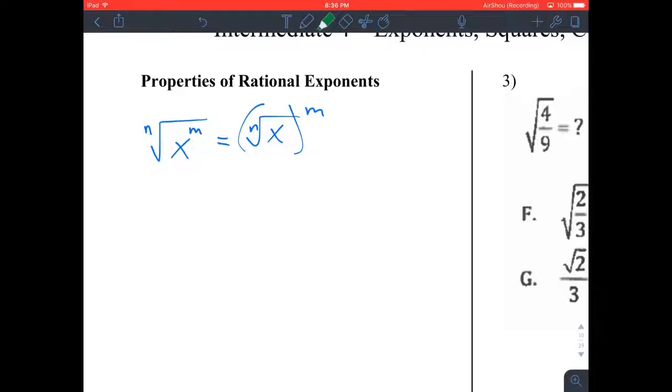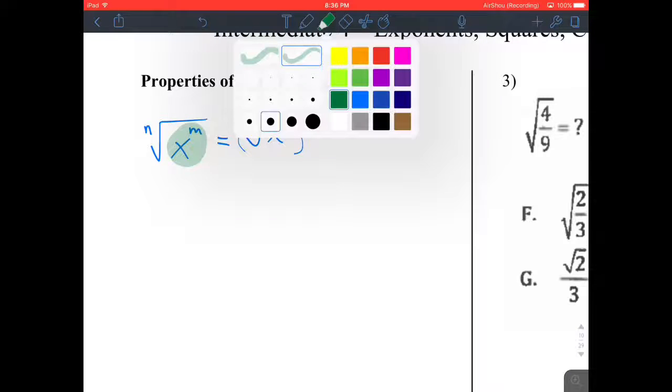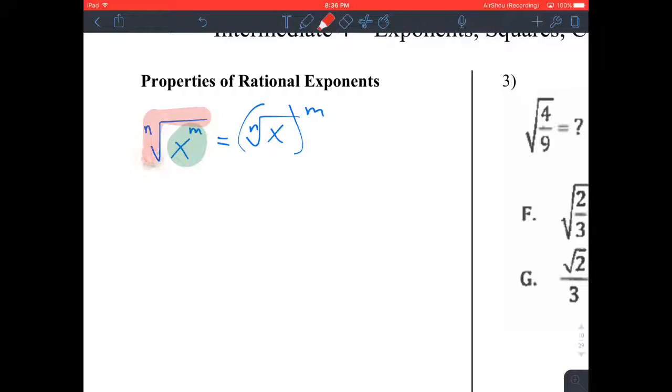The difference between these two, this first one here is saying take x to the m first, then when you're finished, nth root it. The one on the right is saying take the nth root of x, then when you're finished, raise it to the mth power. So the order of operations is different because you get the same answer every time. Both of those things mean the base of x raised to the fraction m divided by n.